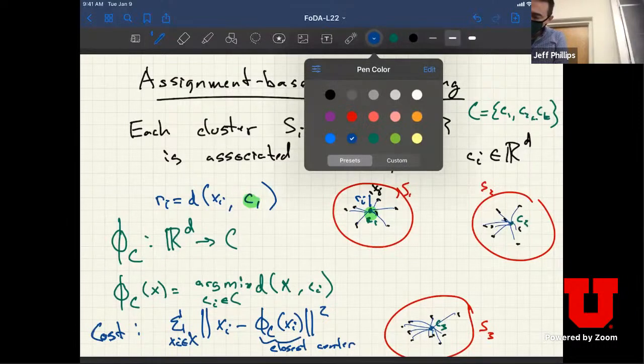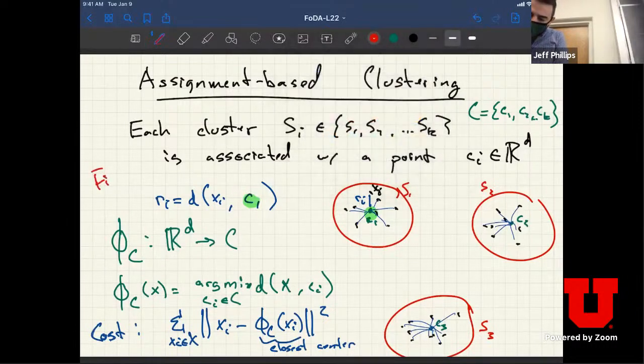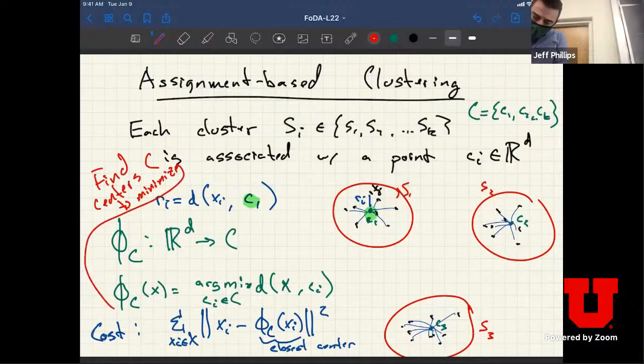So our goal is to find centers C to minimize this cost function down here.